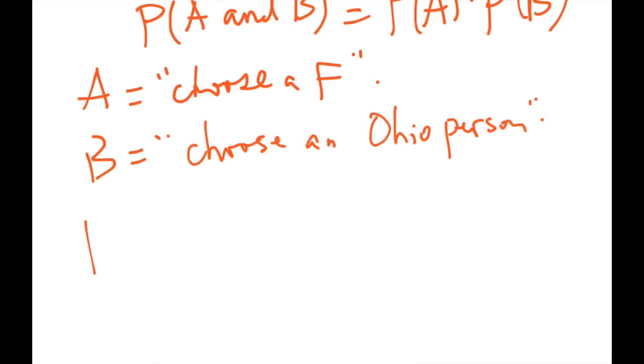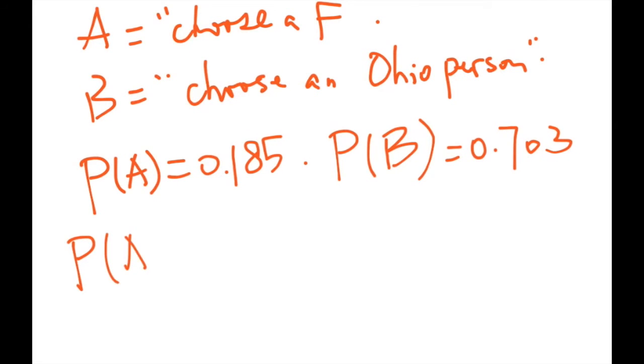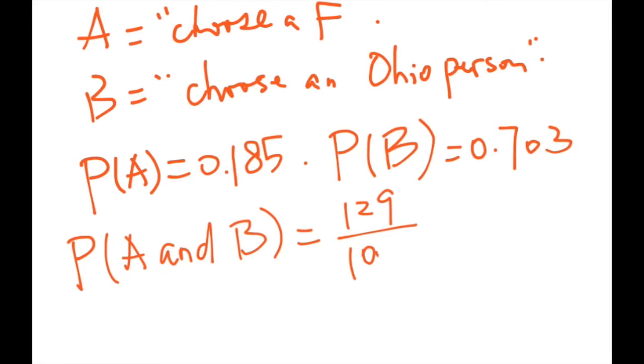From the two-way table, we can see that the probability that a person is female is equal to 0.185, and the probability of choosing a person from Ohio is equal to 0.703, and the probability of choosing a person from Ohio who is a female is equal to 129, that is the actual count of the females from Ohio, divided by 1,000, which is equal to 0.129.